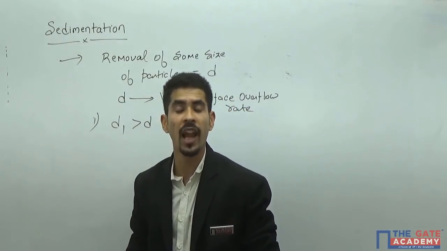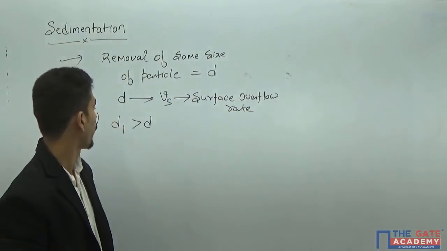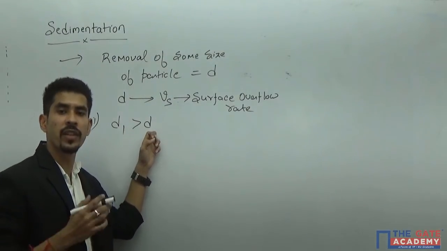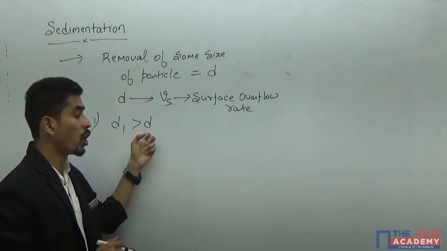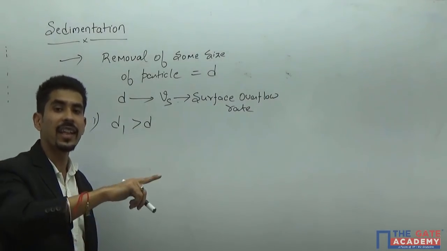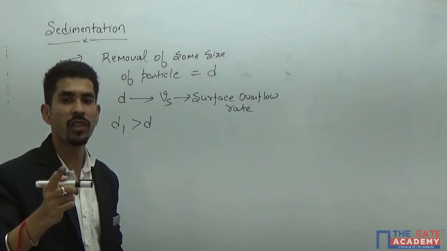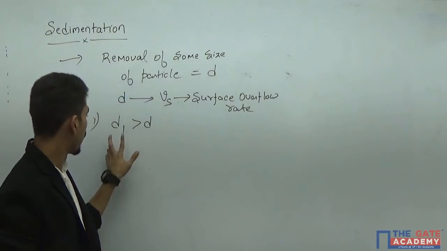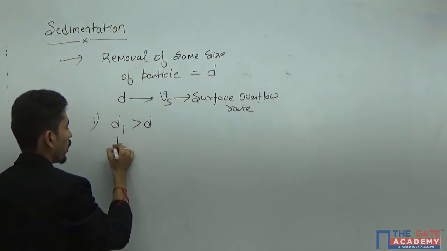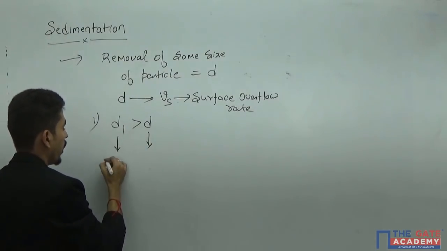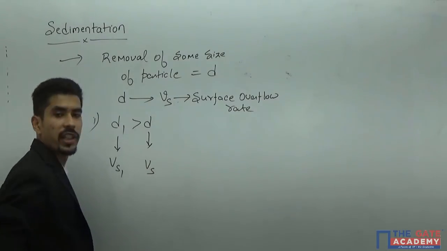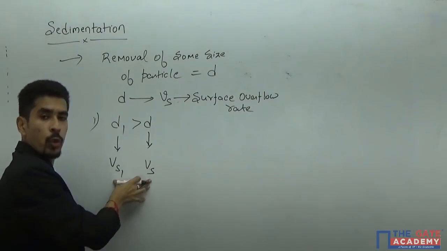So in this case, what will happen? Since your D1 is greater than your design size of particle, according to the relation, the settling velocity is directly proportional to the square of the diameter. This D1 will have a settling velocity Vs1 and D has a settling velocity Vs. Which among the two is greater?